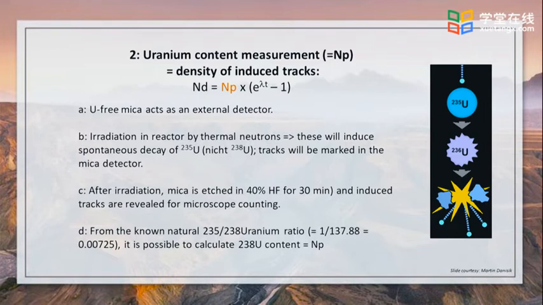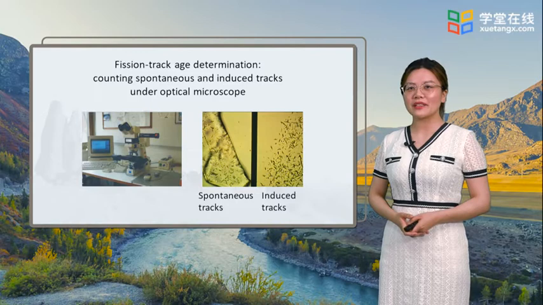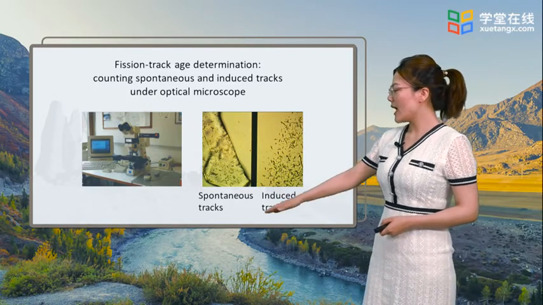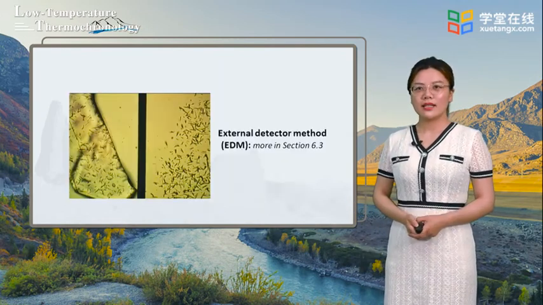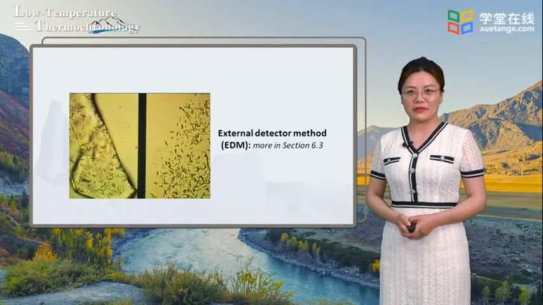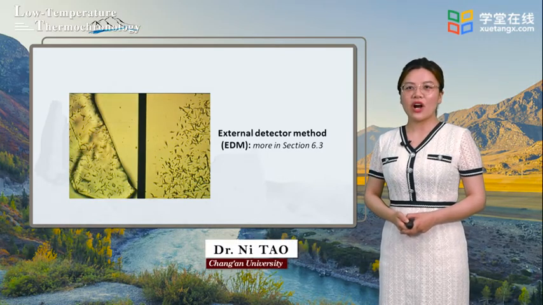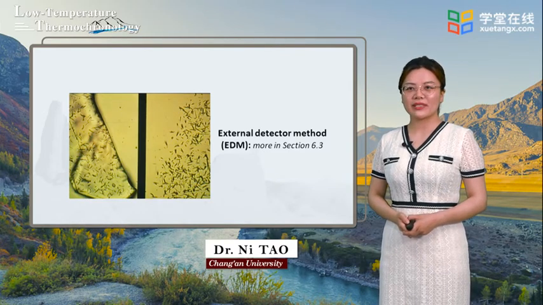This value divided by the known natural uranium-235 to uranium-238 ratio determines the concentration of uranium-238. The fission track age is therefore determined by counting spontaneous and induced track numbers. This way of indirectly determining uranium-238 concentration is called the external detector method, or EDM for short.